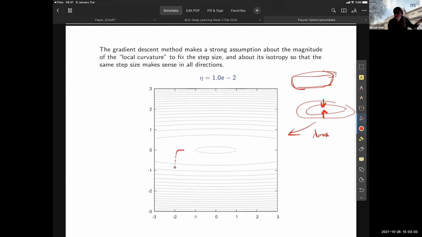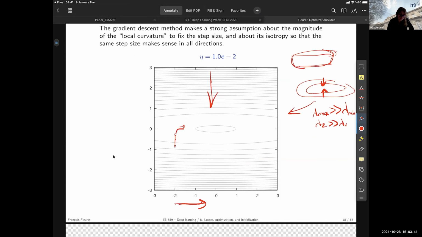It's two-dimensional here, but for high dimensions it's lambda max. Here lambda 2 is much larger than lambda 1, and this is a problem. This direction is a steep direction, and this is a very shallow direction. I'm not really progressing in this shallow dimension. This is a problem.